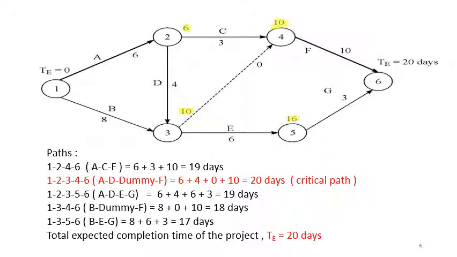You can see here, this will be your critical activities. Activity A is a critical activity, because that is falling in the critical path. D will be a critical activity.